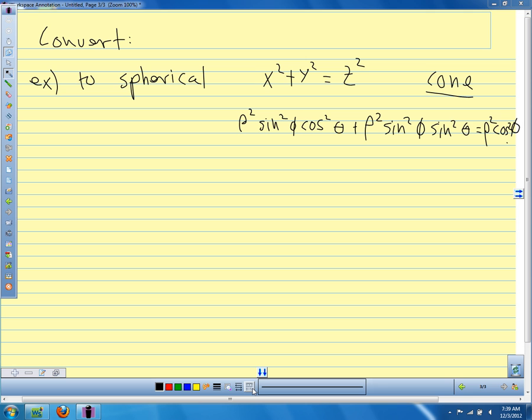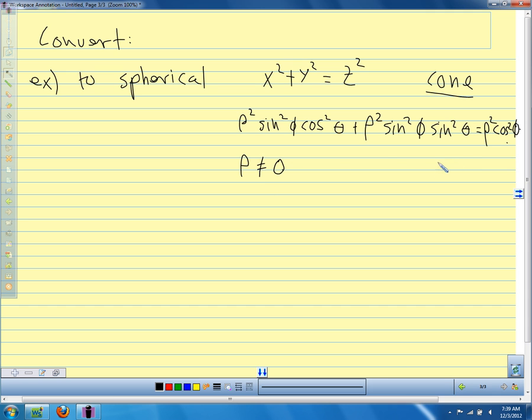And then we want to simplify this. How are we going to simplify this? We could divide by rho squared. Now, what are we assuming if we divide by rho squared? We're saying that rho does not equal 0, so we're not dividing by 0.